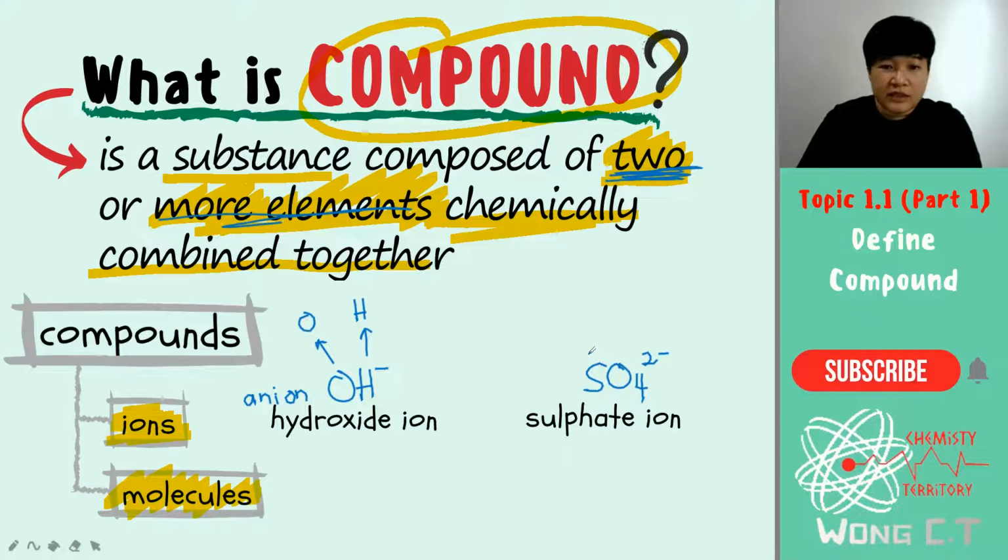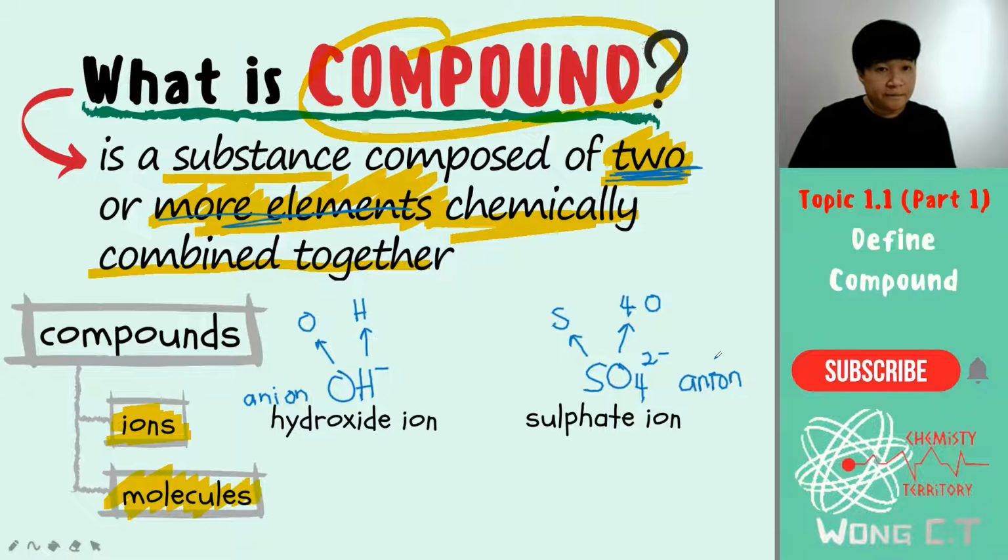Again, similar to your OH, you have your sulfur combined with 4 oxygen. So when your sulfur is combined with 4 oxygen, it becomes SO4 2-, again an anion with negative charge over here. Okay, so you can see you have two elements that chemically combine together.